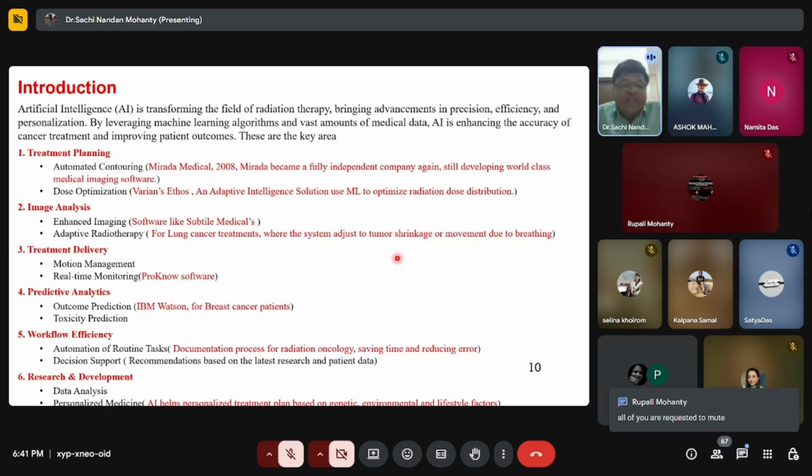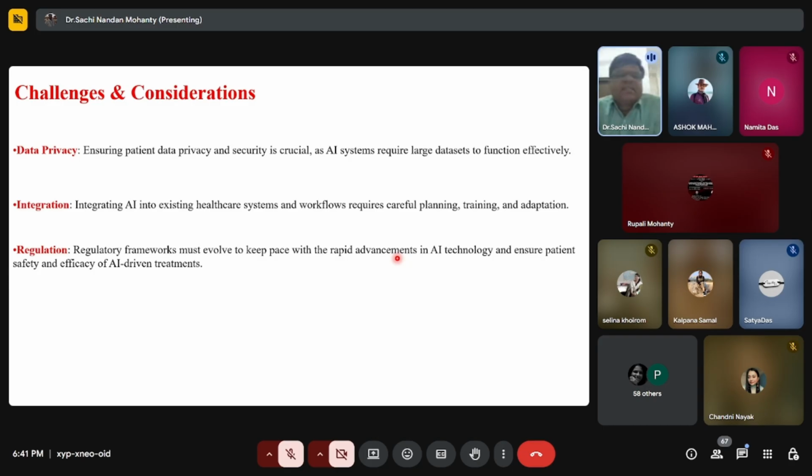In workflow efficiency also, there is the documentation process in radiation oncology, and it can reduce errors. And finally, research and development, personalized medicine. AI can personalize treatment plans based on genetic, environmental, and lifestyle factors, which is also useful. Now, the challenges and considerations.